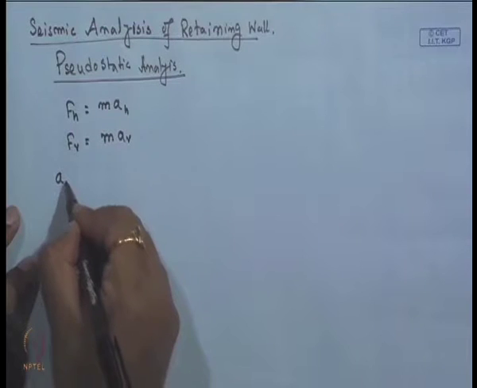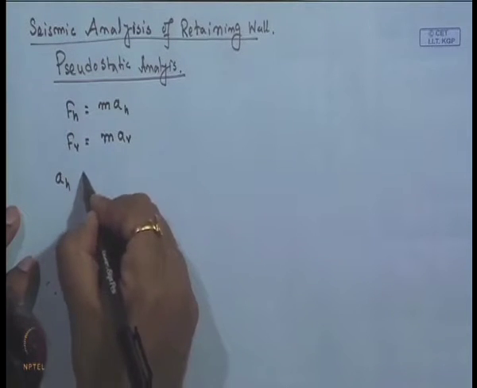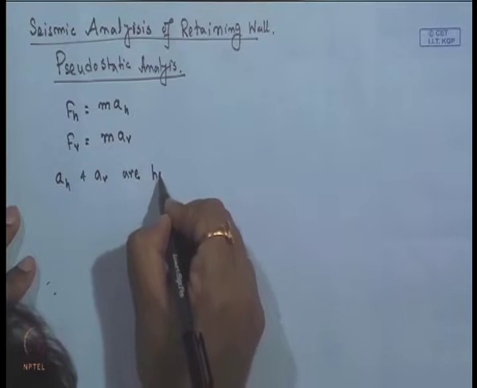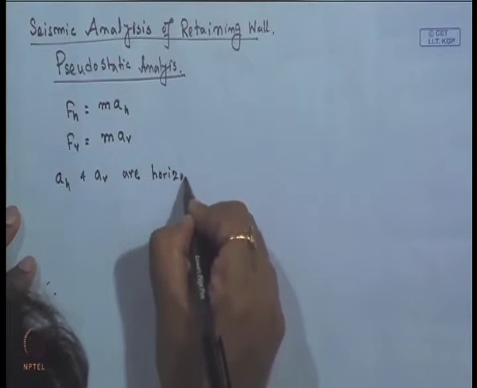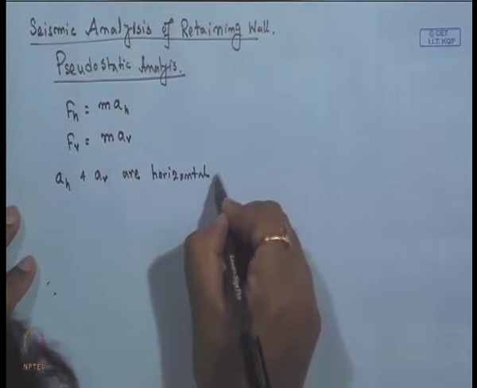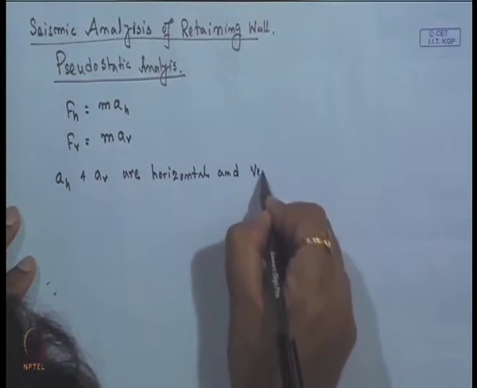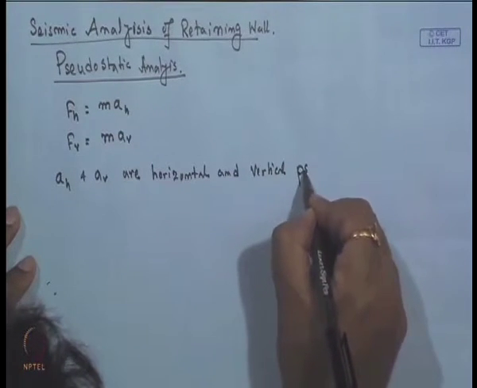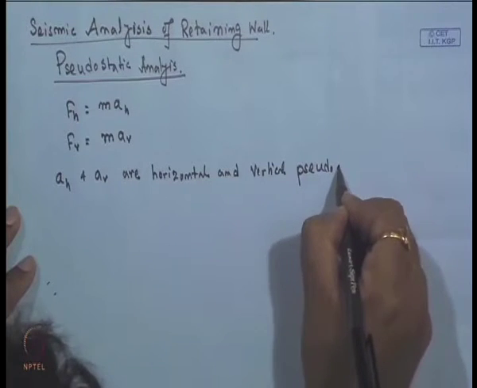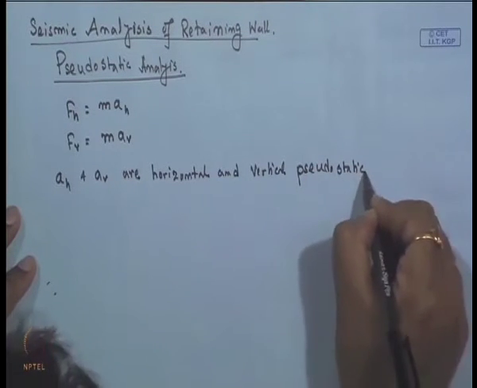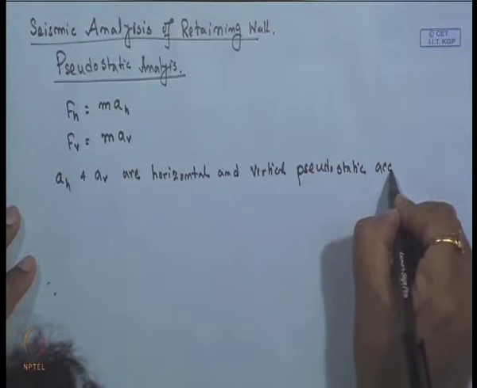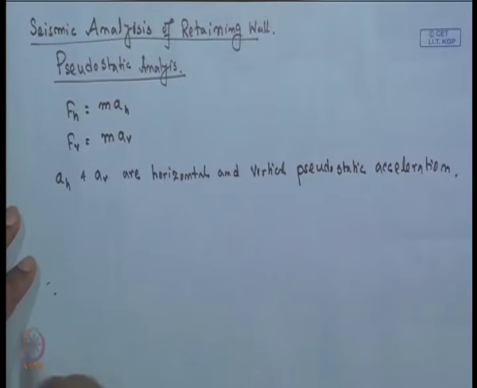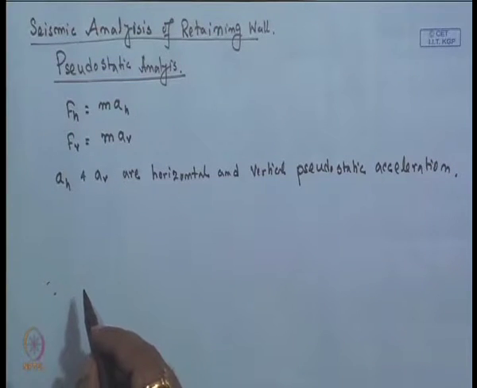So, AH and AV are the horizontal and vertical pseudostatic acceleration due to the seismic force.